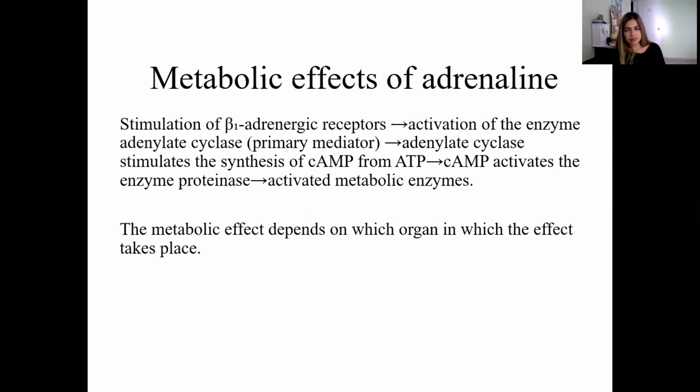Okay, and now what actually happens when we stimulate this receptor? What happens is activation of the enzyme adenylate cyclase if we stimulate beta-1 receptors. This adenylate cyclase is the primary mediator, the primary transmitter.